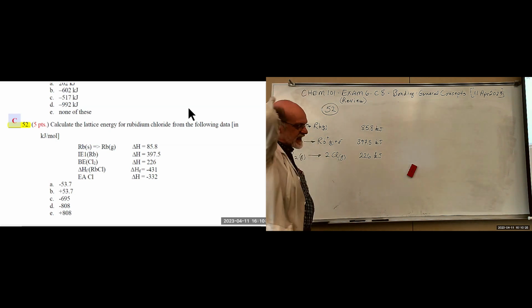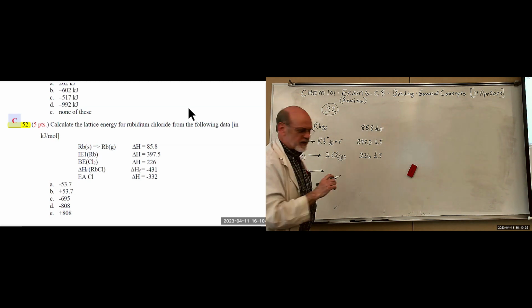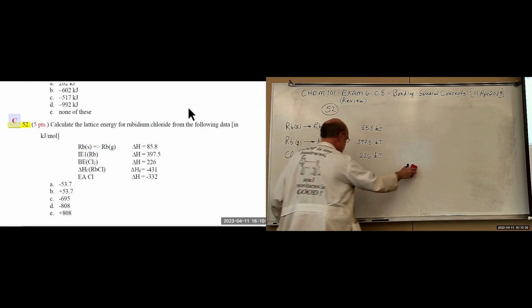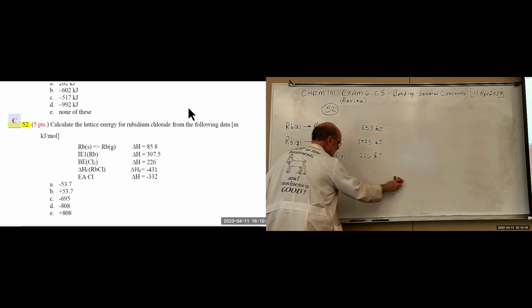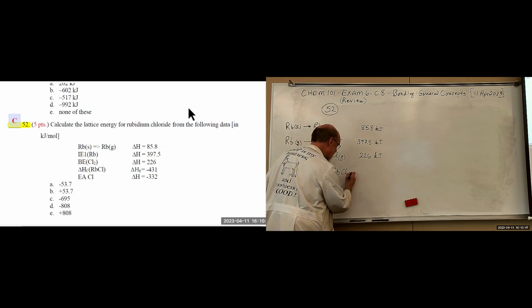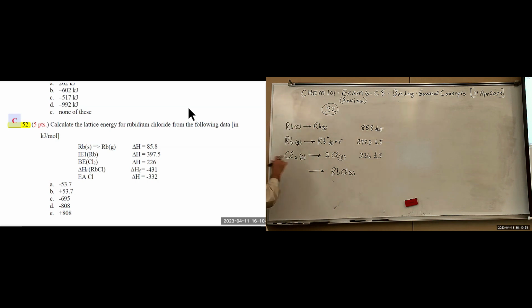Then delta HF for rubidium chloride. So this is the heat of formation. How do we write that? Remember, the heat of formation for rubidium chloride, this is the most stable form at 1 atmosphere pressure and room temperature, so this is a solid. And it's formed from the elements.